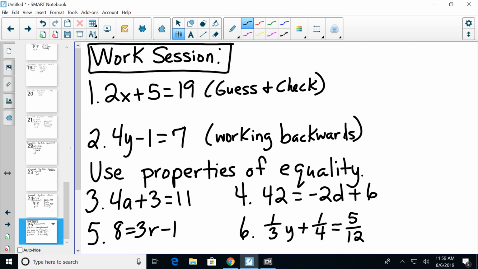You've got to have some properties and some other stuff to get you to the solution. So same process, even though you have the negative in front.